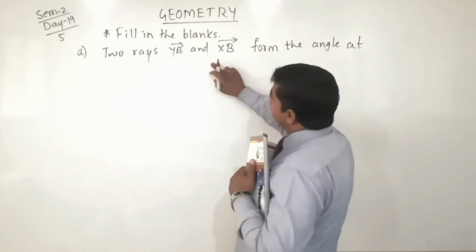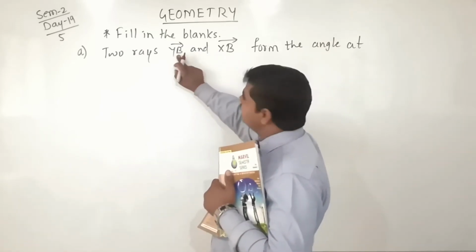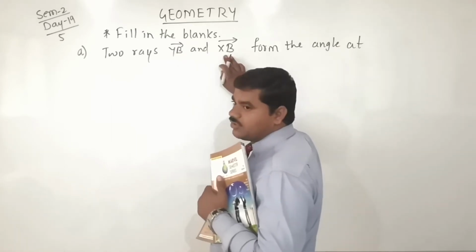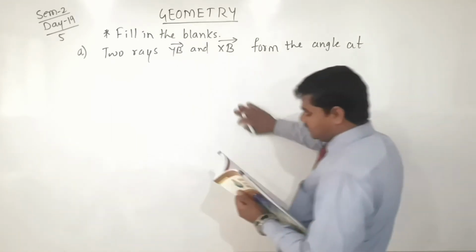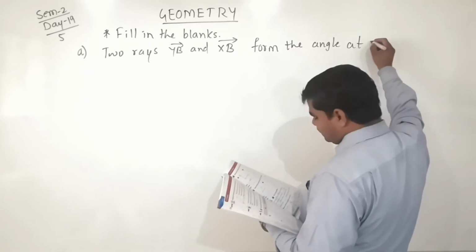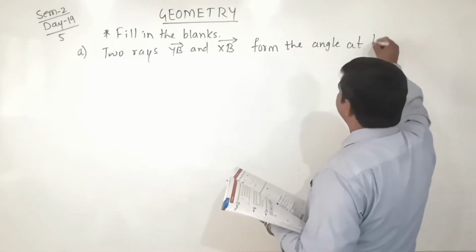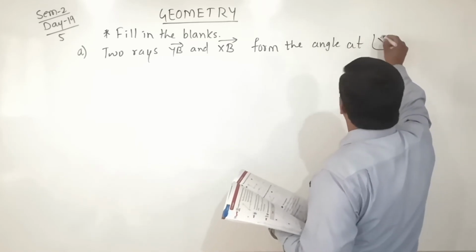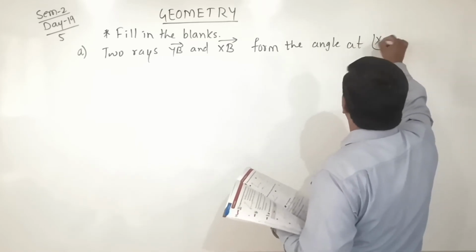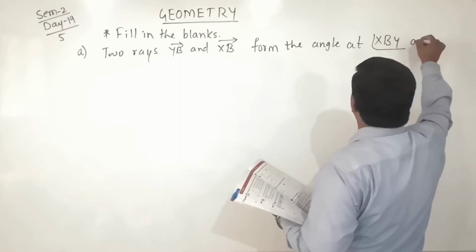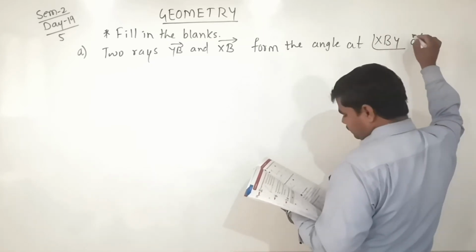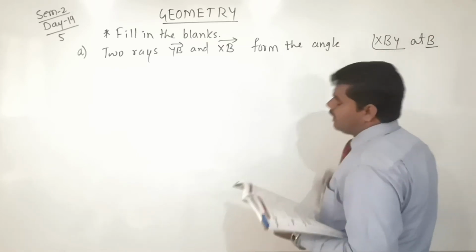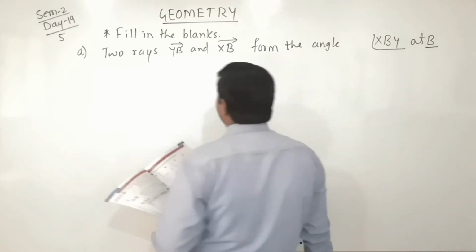Which is common here? XB and YB. Which is the common? B is the common. They form angle XBY at B.